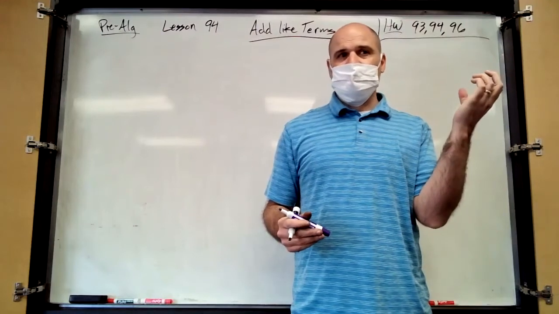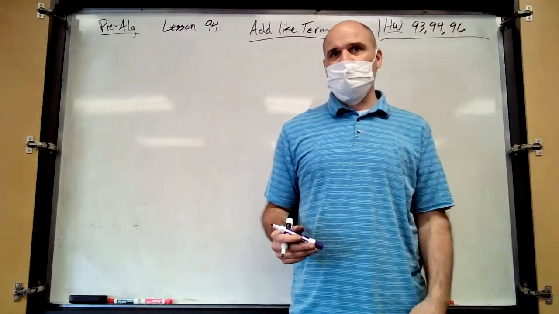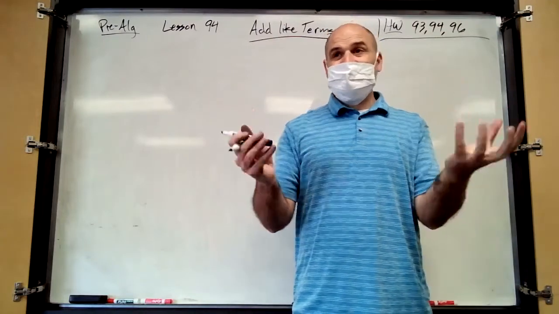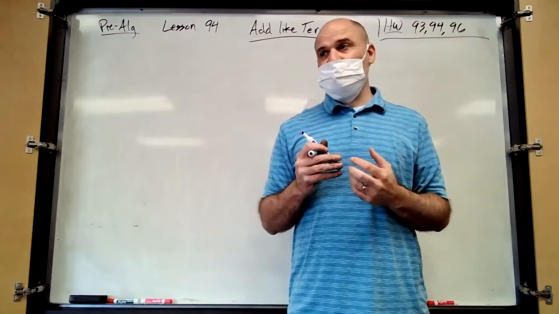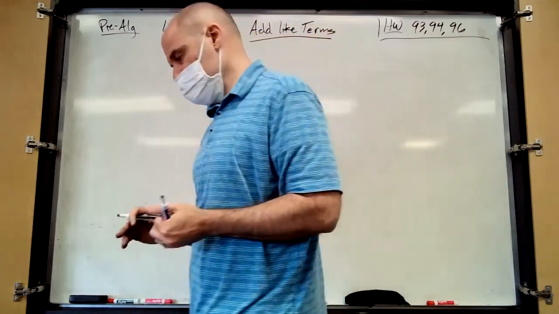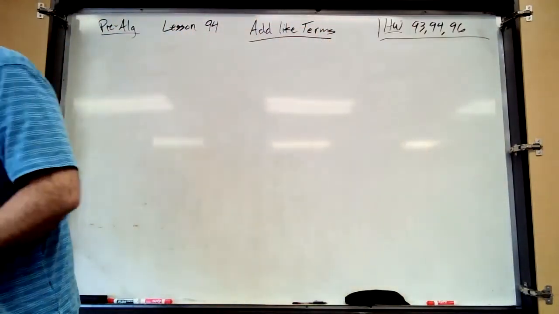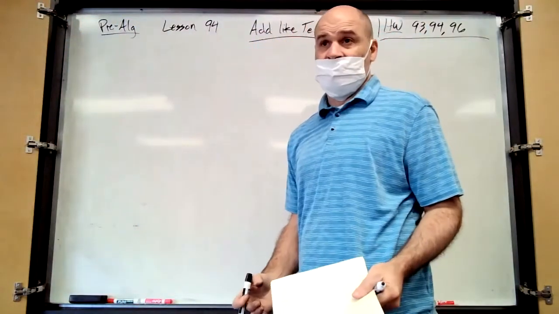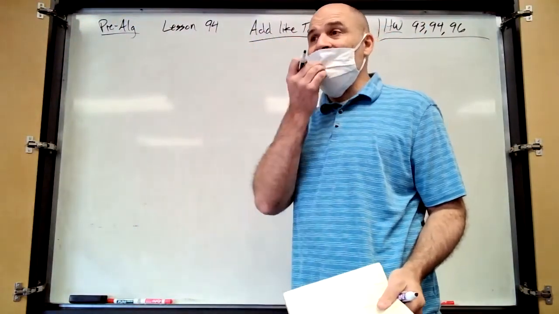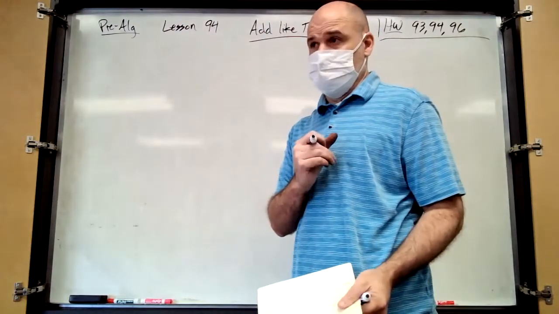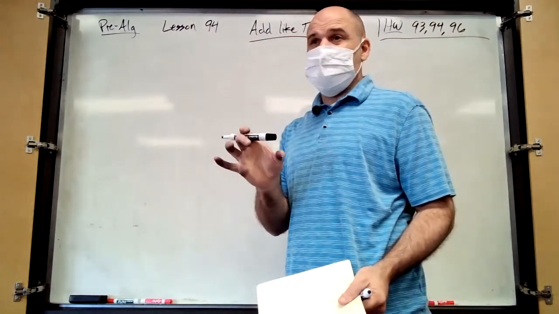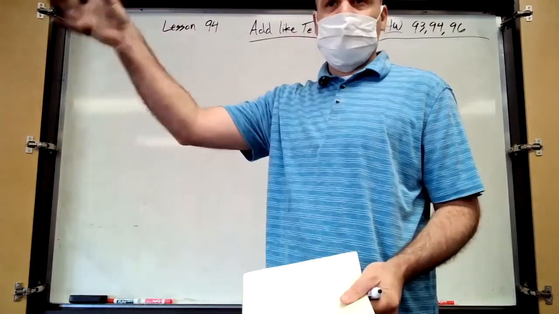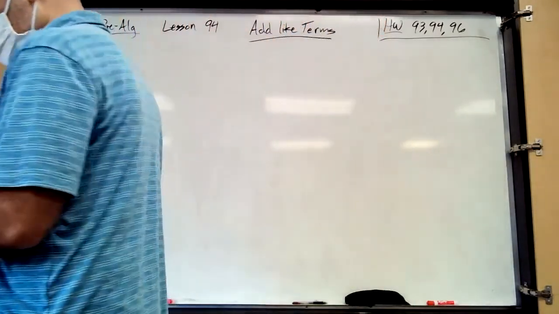You can't say 3 quarters and a nickel is 4 quarter nickels. You have to get the same kind of stuff first before you can add them. Okay? So adding like terms have to have the same variable in it, and they have to have the same exponent of the variable. So x squareds cannot be added with x's, but x's can be added with x's, okay?